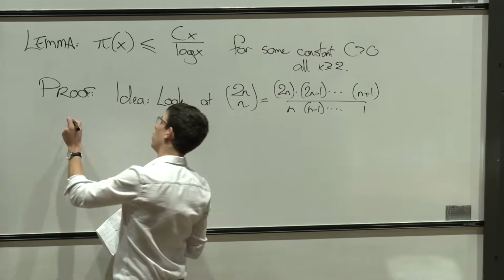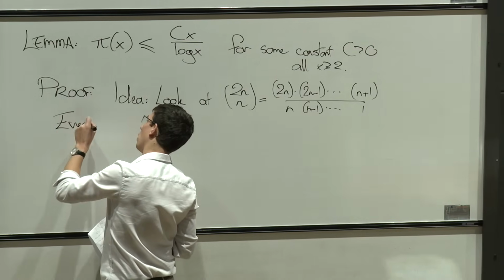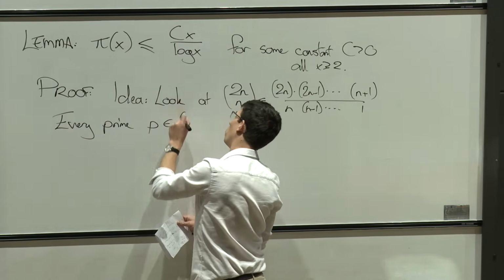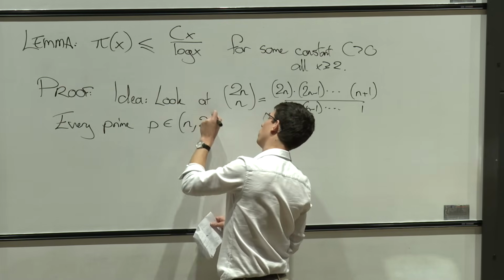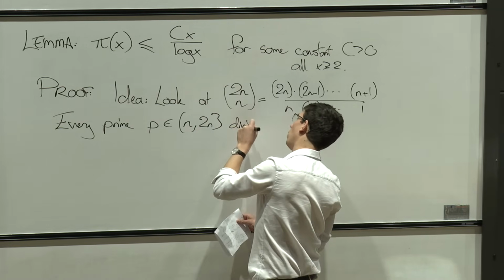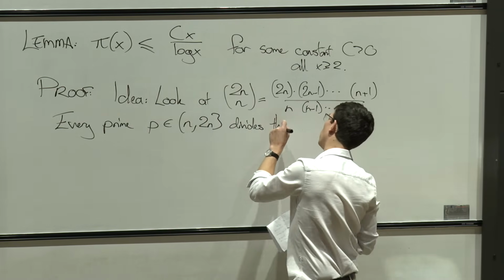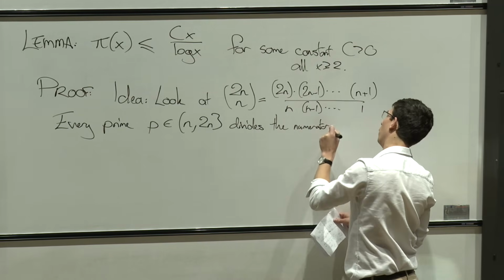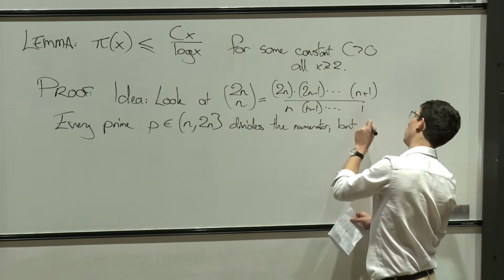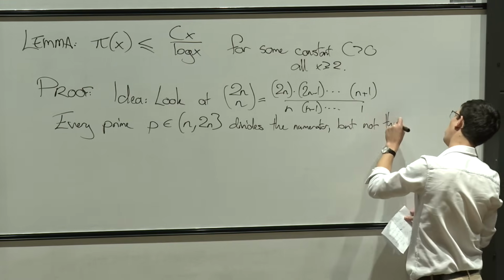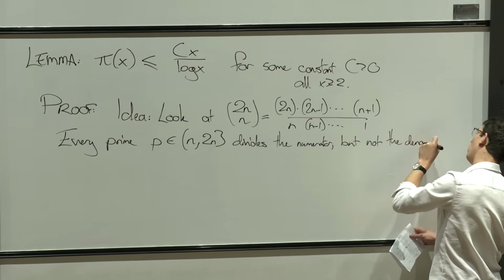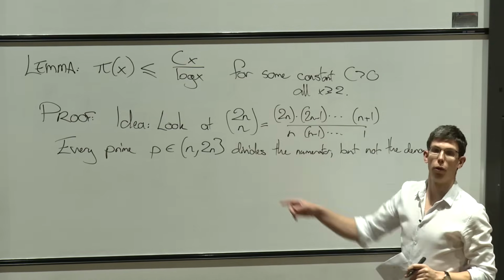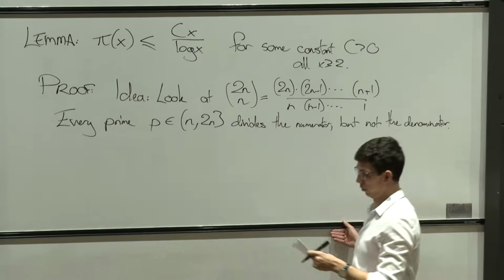So every prime p which is bigger than n and less than or equal to 2n divides the numerator, but not the denominator. And so in particular, 2n choose n is a multiple of all of these primes.